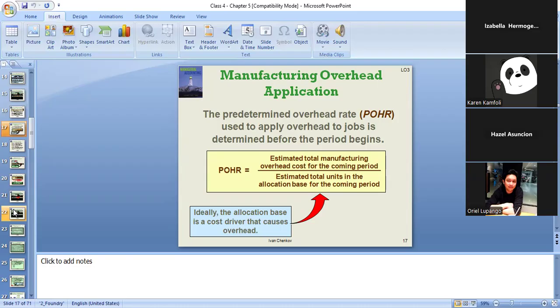Again, we're going to estimate the total manufacturing overhead cost for the entire period, usually 1 year. Then, based on the allocation base that we choose, which should naturally drive the manufacturing overhead cost, we're going to estimate the total usage of the allocation base for the same period, which is 1 year.